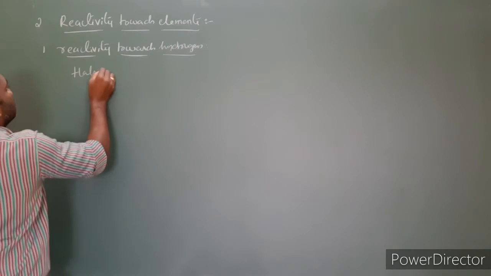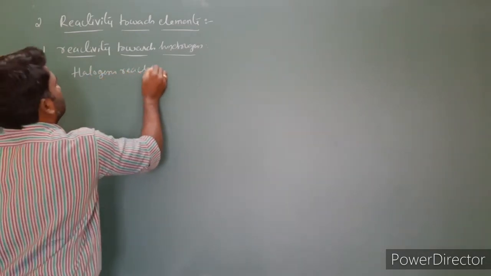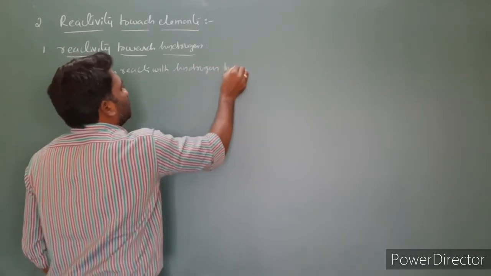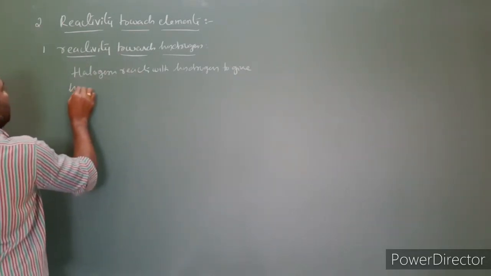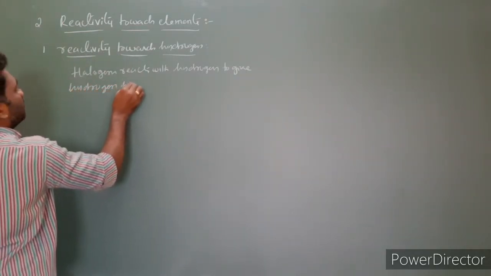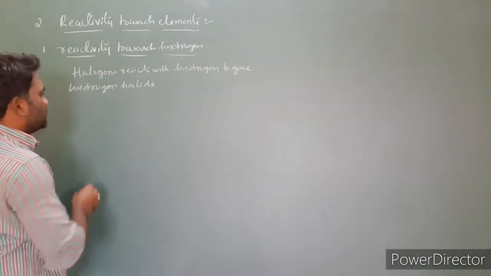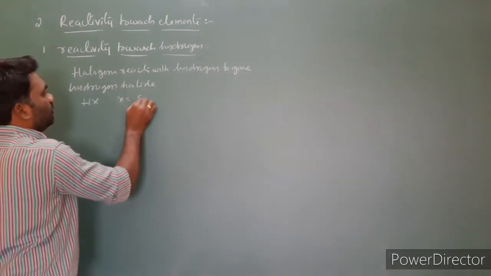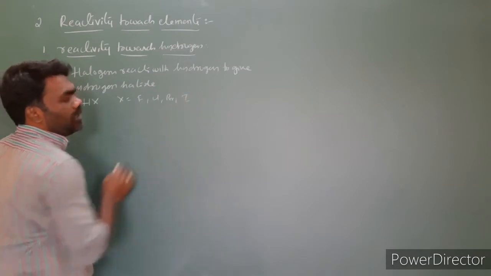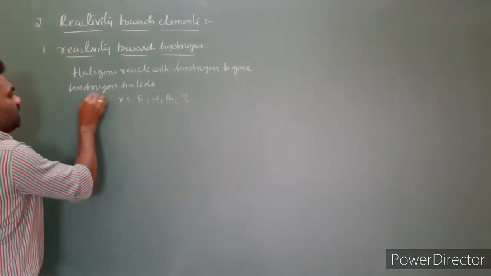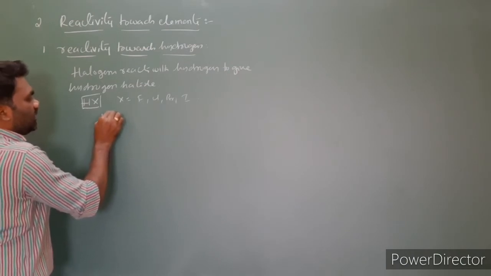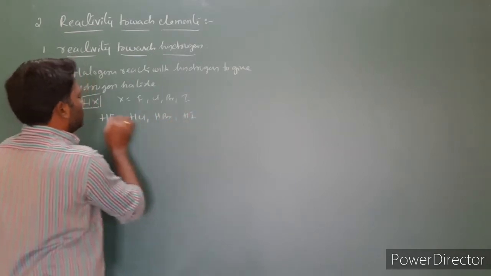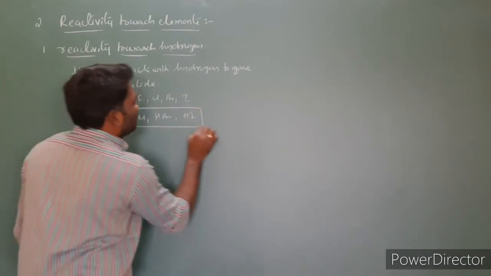I'm taking the general representation of hydrogen halide as HX. Here X is fluorine, chlorine, bromine, iodine. Then the possibilities we can expect are HF, the second one is HCl, then HBr, then HI. So these are the hydrogen halides.